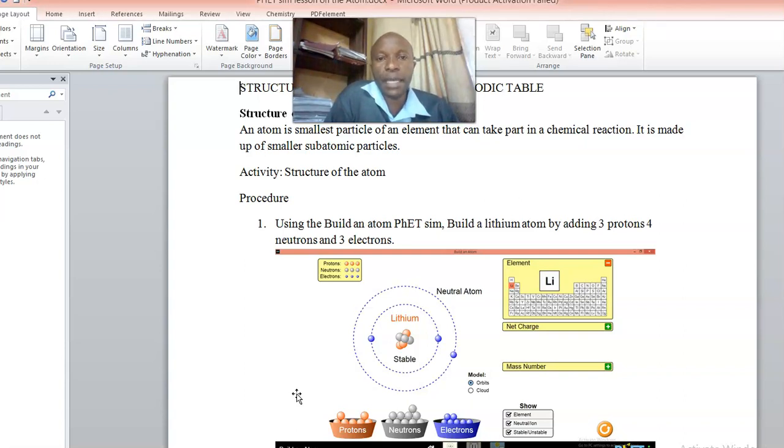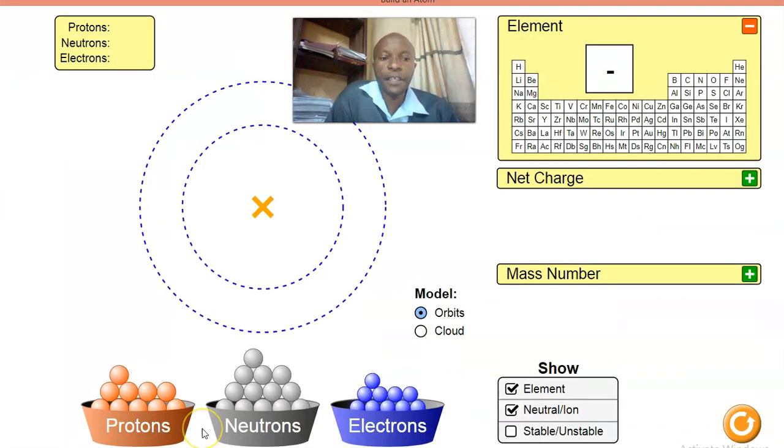How is the atom like? The students can play around and look at the position where the various subatomic particles are moving to and things like that. So I would want to just go straight to the sim itself.